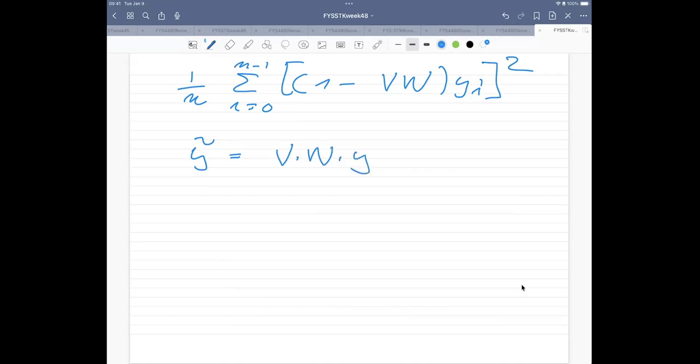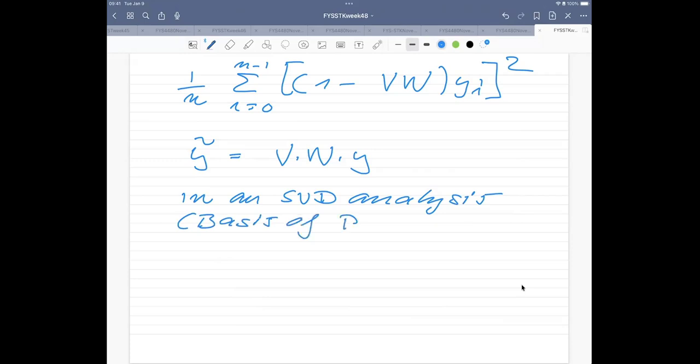Now, when we have performed a principal component analysis, or the analysis which we did previously, so in an SVD analysis, which is the basis of PCA, that's one of the ways of looking at it.